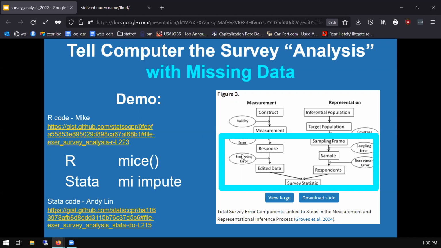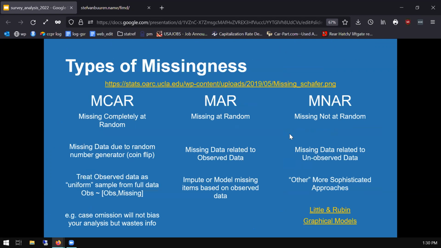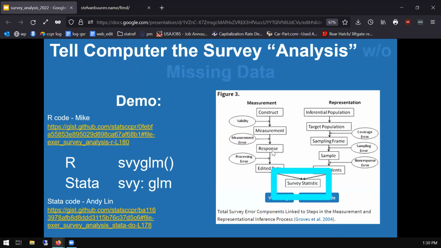But if you flip to the different branch, it looks like something similar. It's kind of covered. Let me go back to the first one. You see it here. They're related, like this processing error versus this non-response error.